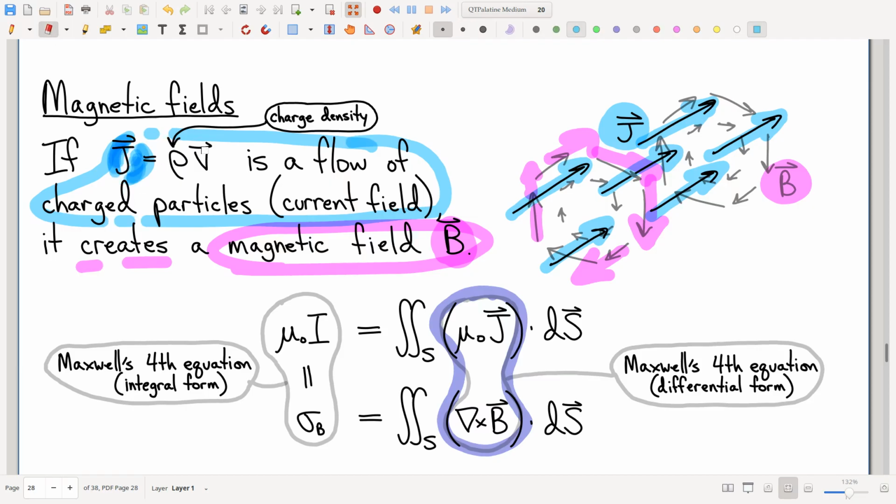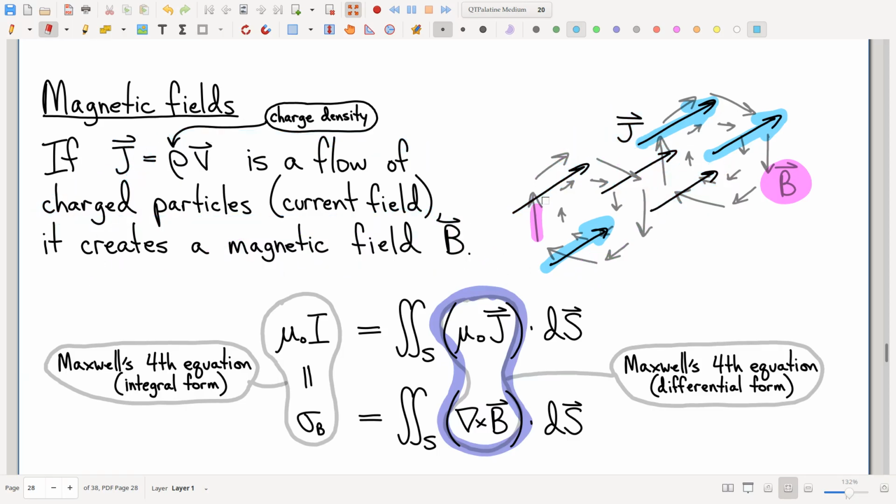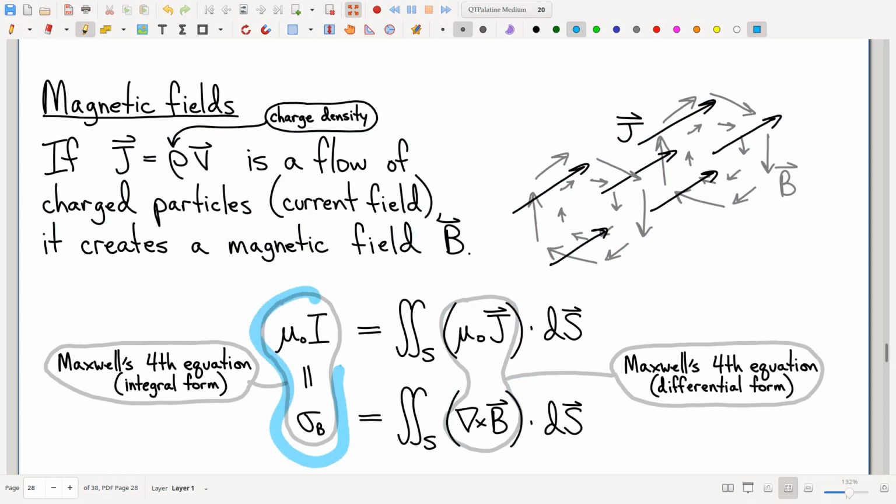The way we know this is, let's clean up the mess. You can, again, empirically measure certain things. And this one here is something you can totally measure, right? You can just detect the strength of the magnetic field.